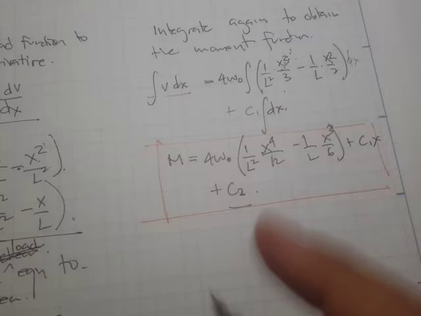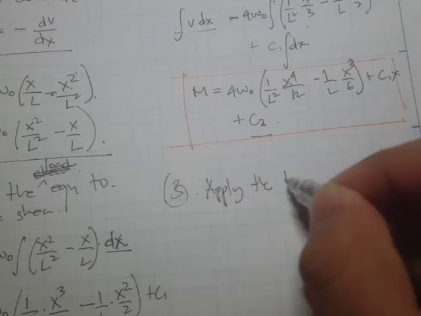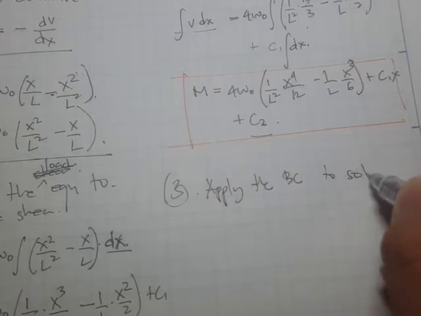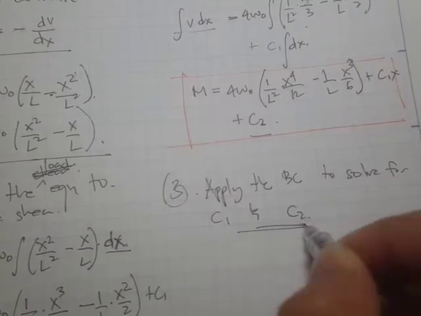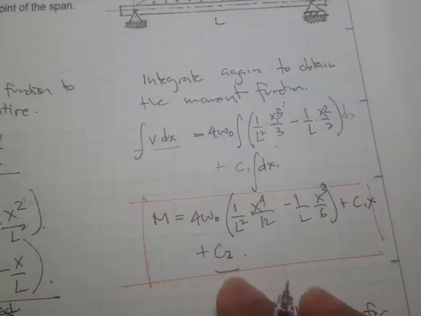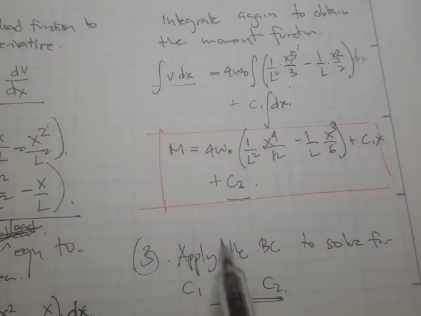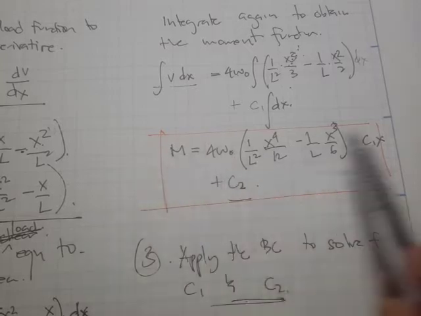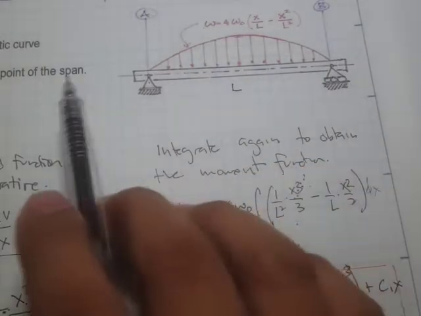Okay, so the next step is to apply the boundary conditions to solve for C1 and C2. Take note, apply the boundary conditions. This is referring to, if we will use this moment function, then of course we need to find the boundary conditions in terms of the x and the moment.